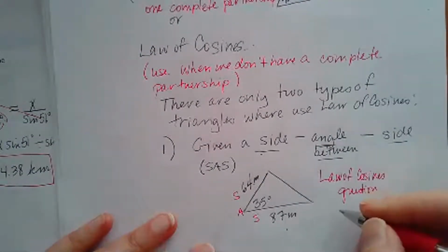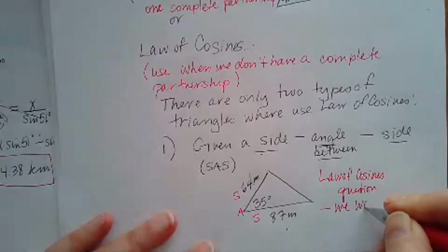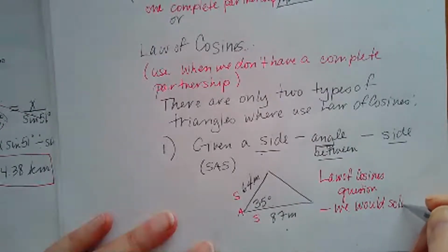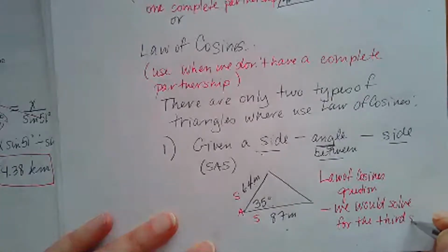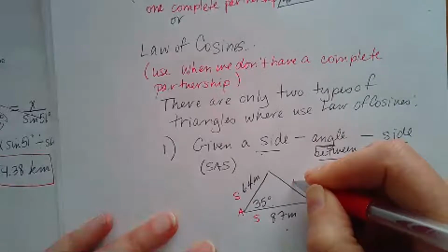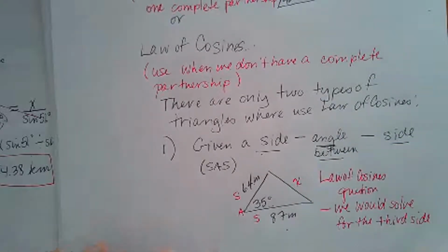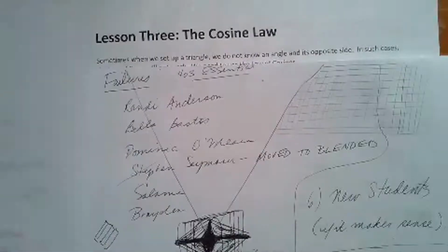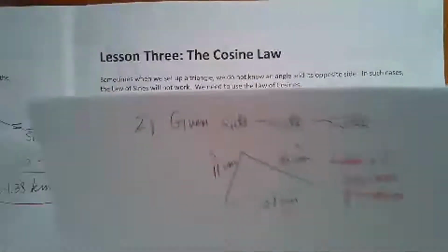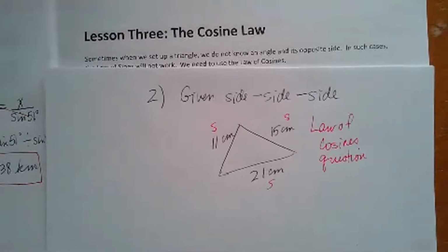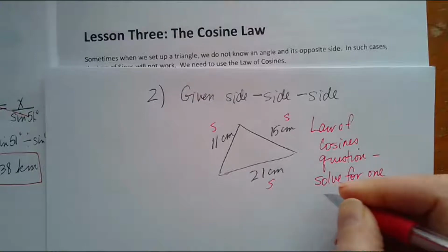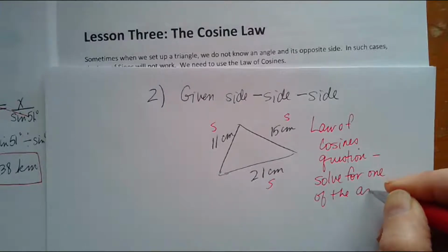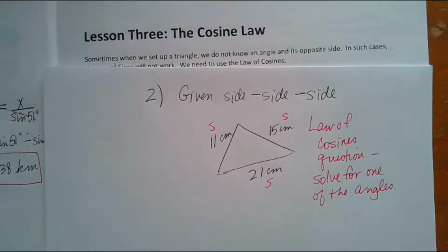And I'll just put that we would solve for the missing side, for the third side. Okay, so this is the side we're going to solve for, right? And then the third one, we would solve for one of the angles. Okay, that's it.